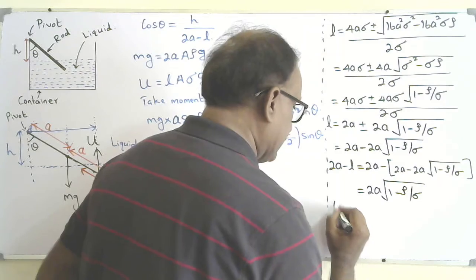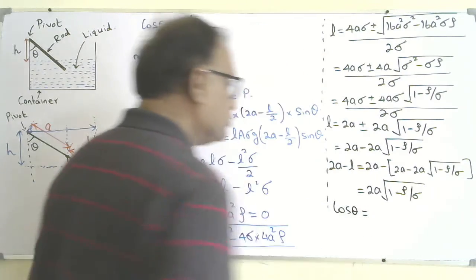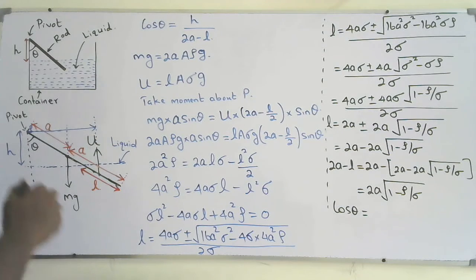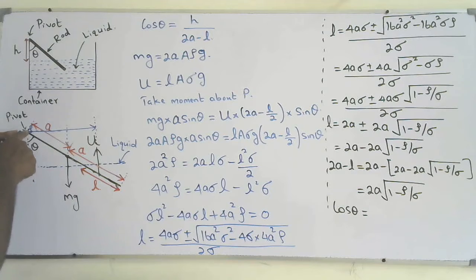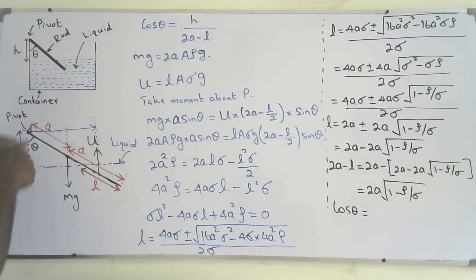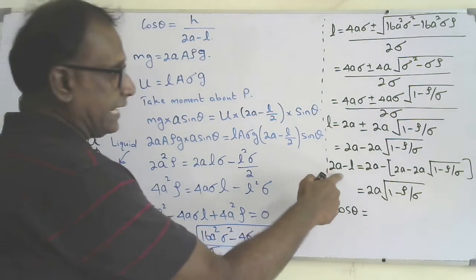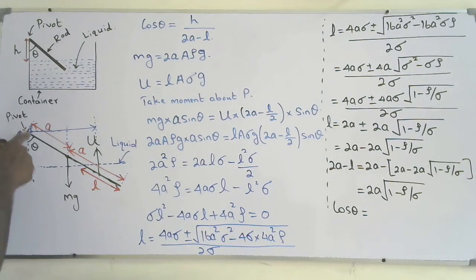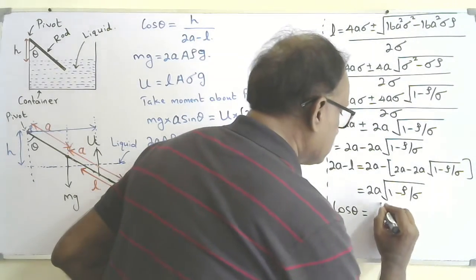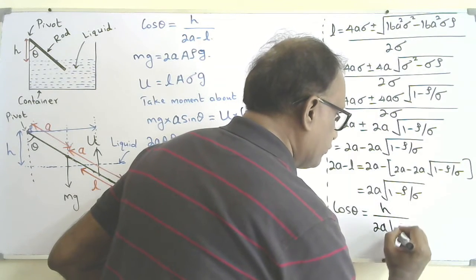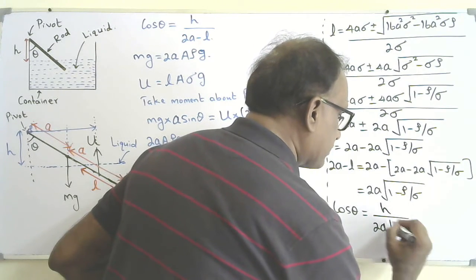Okay, so cos theta, I'm using the equation I explained, the first equation. In this right angle triangle, cos theta equals the length of this one above the liquid, 2a minus L, divided by h. So 2a minus L, I found it. H is this one, cos theta is this over this. So h over 2a square root of 1 minus rho over sigma.